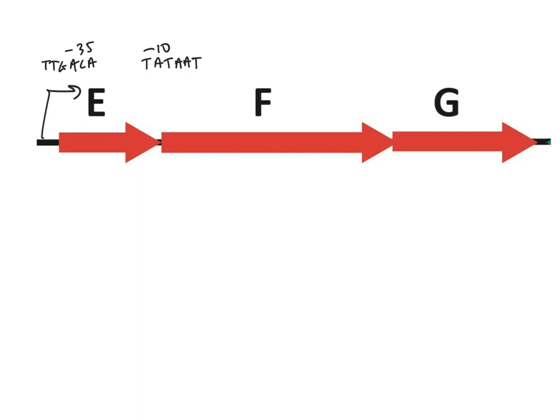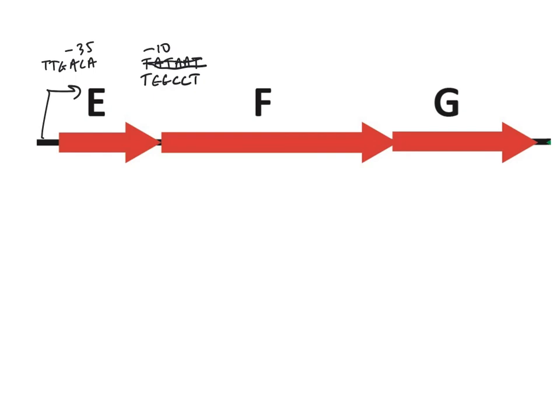So this is the sequence in this region here. But what about if we had a mutation that changed the -10 region? So what if that sequence was mutated, so now it read T, G, G, C, C, T.